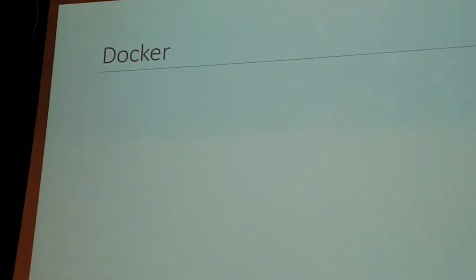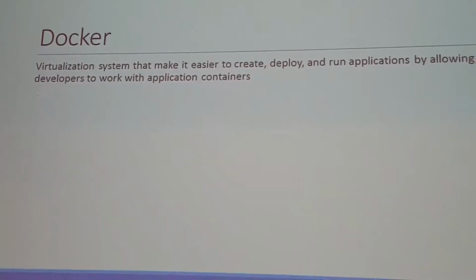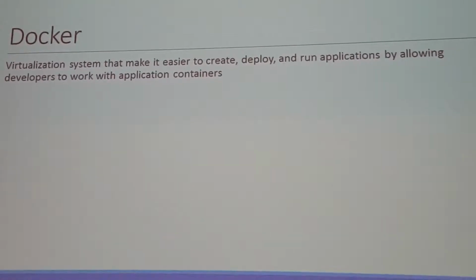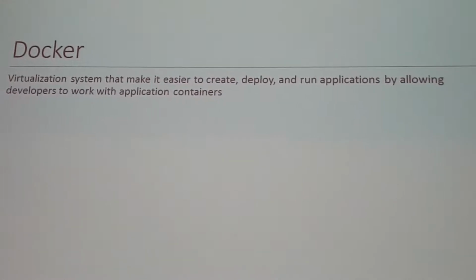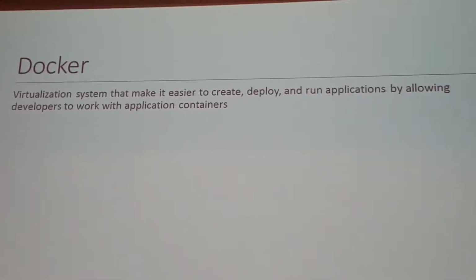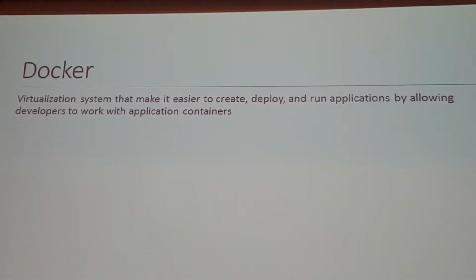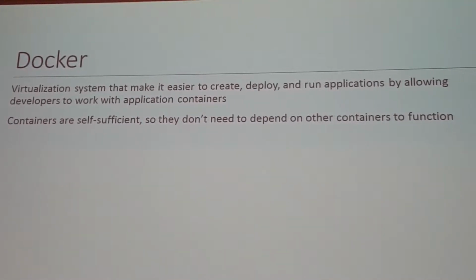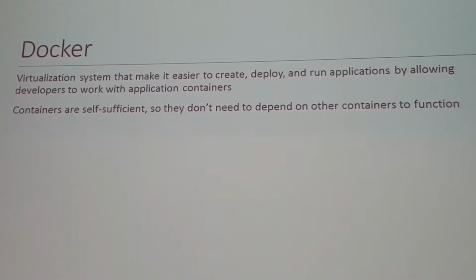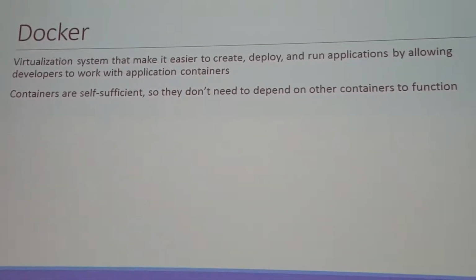So now a quick explanation about Docker and Kubernetes. Docker is a virtualization system that allows the developer to more easily create, deploy, and run applications. The idea of Docker is that it allows developers to work with containers. These containers are self-sufficient, so they don't necessarily have to depend on other containers to function correctly, although it's possible to have containers depend on each other.